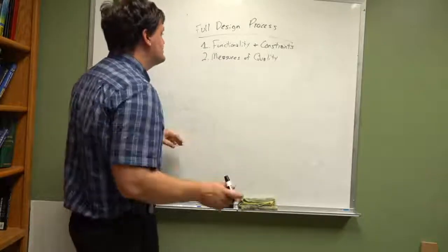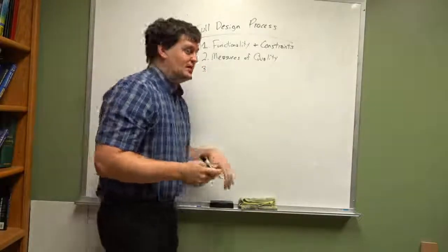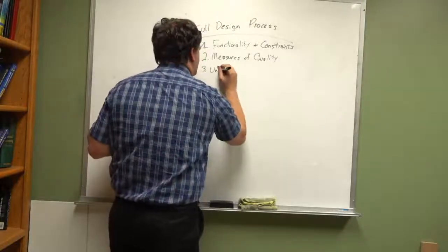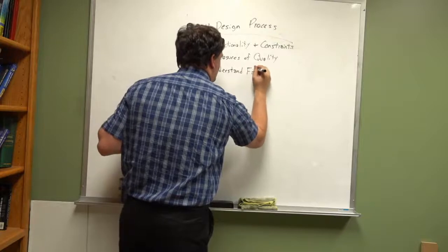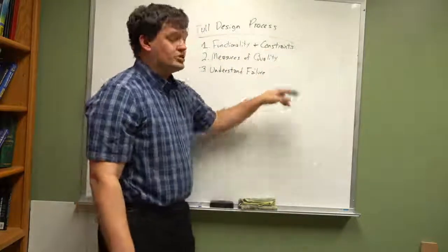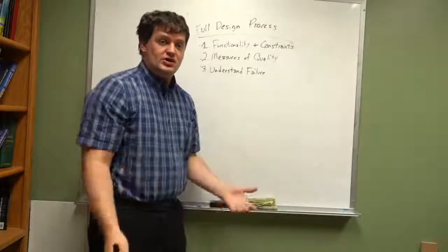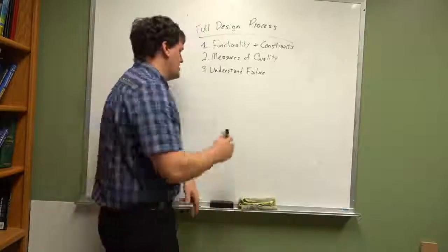Once you understand these two, your next step as an engineer is to understand failure. Failure is when functionality is lost, or when your constraints are broken. What is going to cause that? Well, it's going to be your stresses. What kind of stresses are going to be carried here?